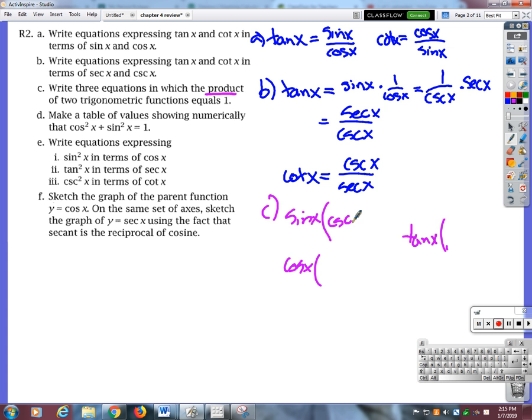Sine times cosecant is 1, because they are reciprocals of each other. Cosine times secant is 1. Tangent times cotangent is also 1.